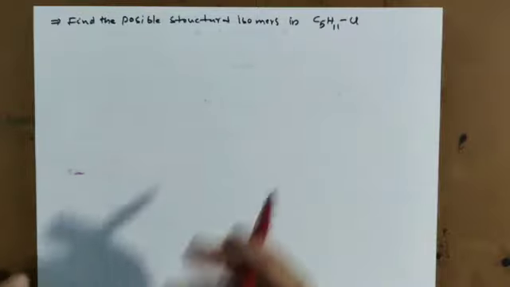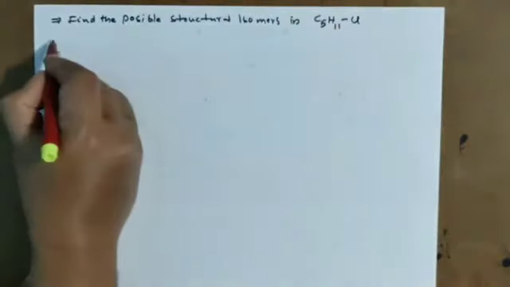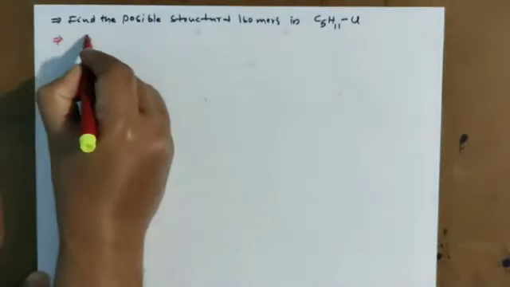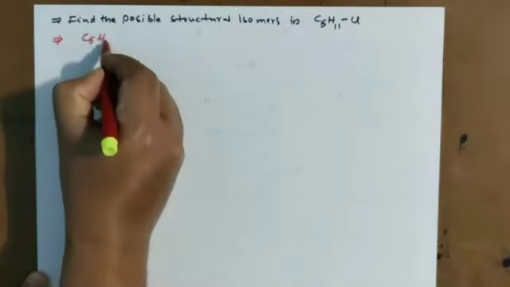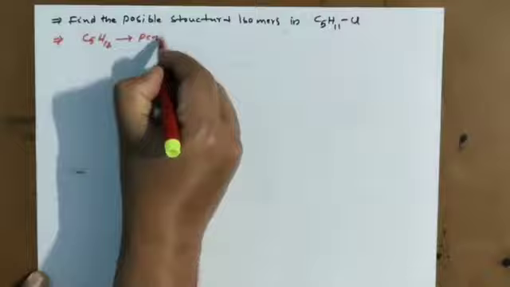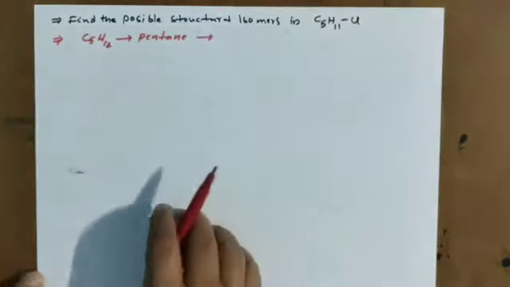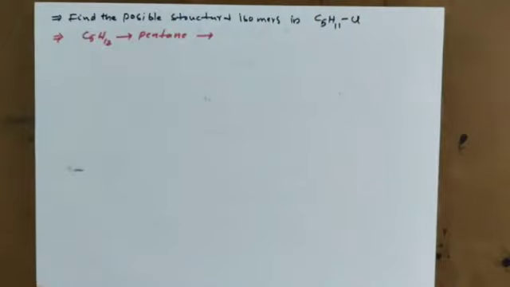So first we have to go for this alkyl group came from pentane. You know C5H12, pentane. We learned that pentane having 3 isomers: N-pentane, isopentane, neopentane. If anybody need, you go and learn the chain isomers.